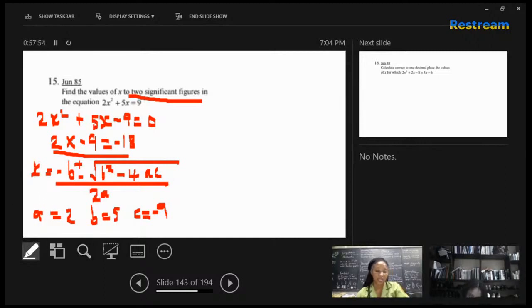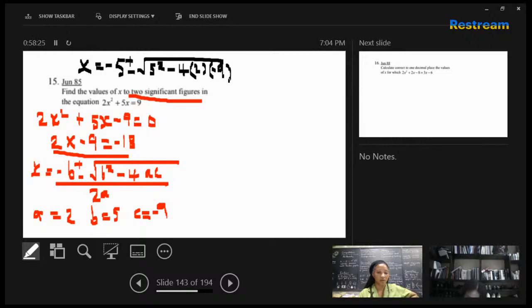Plugging that into the formula, we have x is equal to negative 5 plus or minus the square root of 5 squared minus 4 times 2 times negative 9, over 2 times 2.